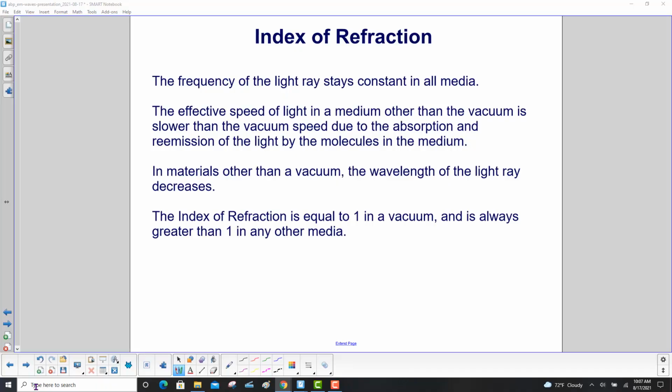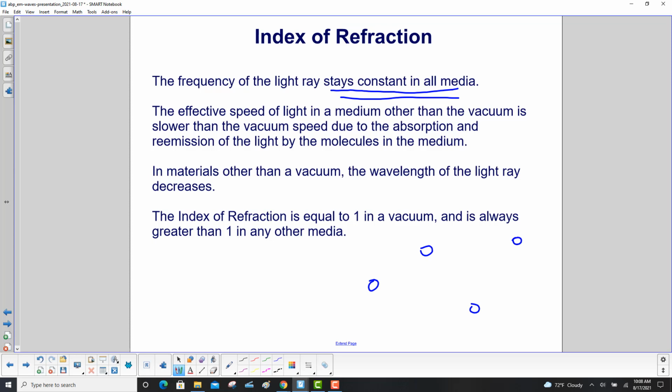The frequency of the light ray stays constant in all media. We've now said that several times, so hopefully that'll sink in, right? The effective speed of light in a medium other than the vacuum is slower than the vacuum speed due to the absorption and reemission of the light by the molecules in the medium. Let's say you have water, and you've got a bunch of water molecules. What's in between them? Absolutely nothing.